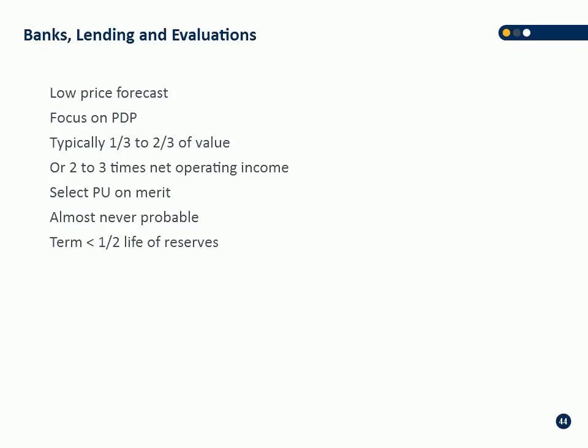This is just talking about a couple of metrics that banks use when they're taking a reserves report and evaluating how comfortable they are loaning money or financing oil and gas operations. The most important point is they generally focus on proved, and they almost never look at 2P. It's interesting because they never look at the best estimate, they look at the conservative estimate.